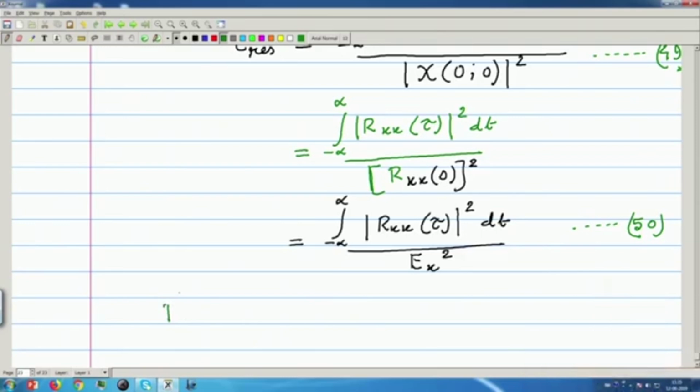What we know is the autocorrelation. We know the definition that we have been using from the start, something like this.